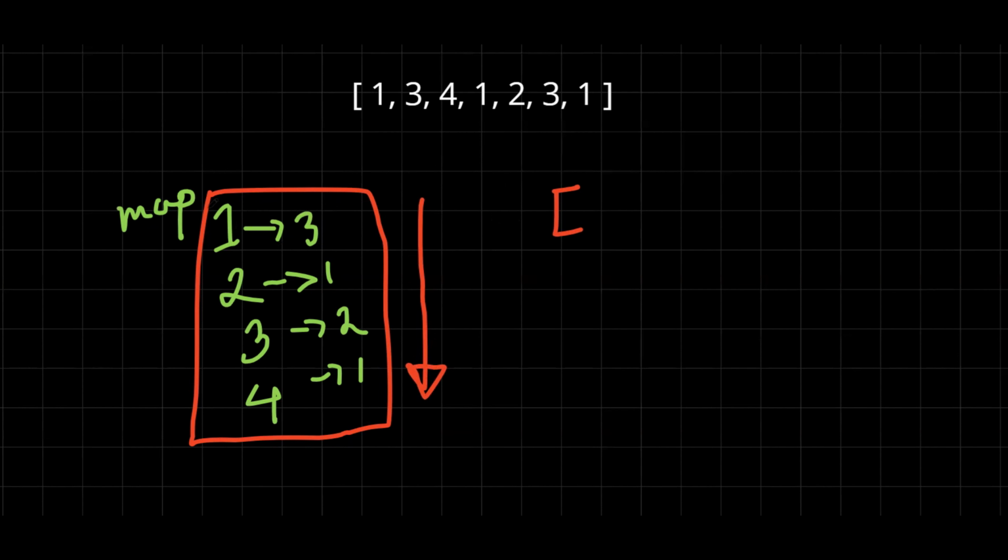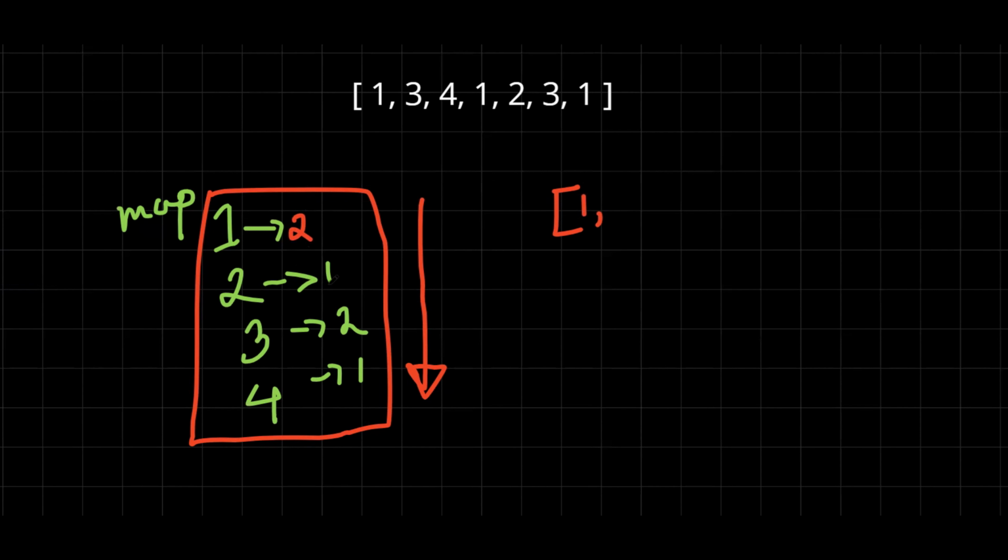So we add the key, which is 1, to the list. After adding, we decrease the value of 3 to 2 because we have already used one instance of 1 here.